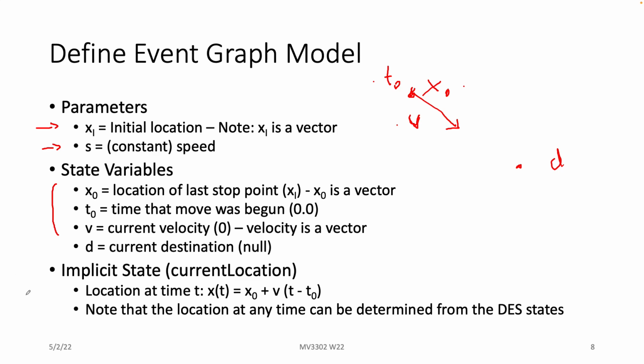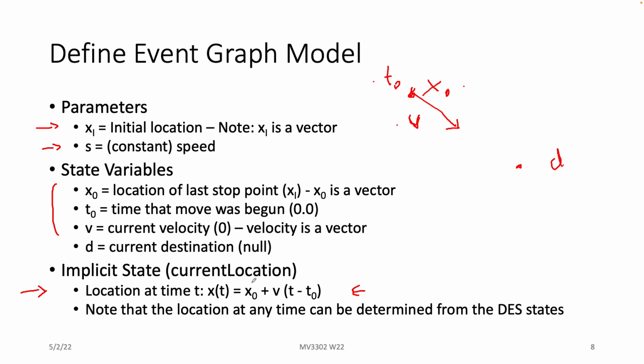So now here's the thing. In discrete event models, time is continuous. It is not discrete. I can ask at any time if an event occurs, and I have access to all of my states. So if I want to know where my unit is at any time t, I can simply apply the equation of motion to my states and get the answer.